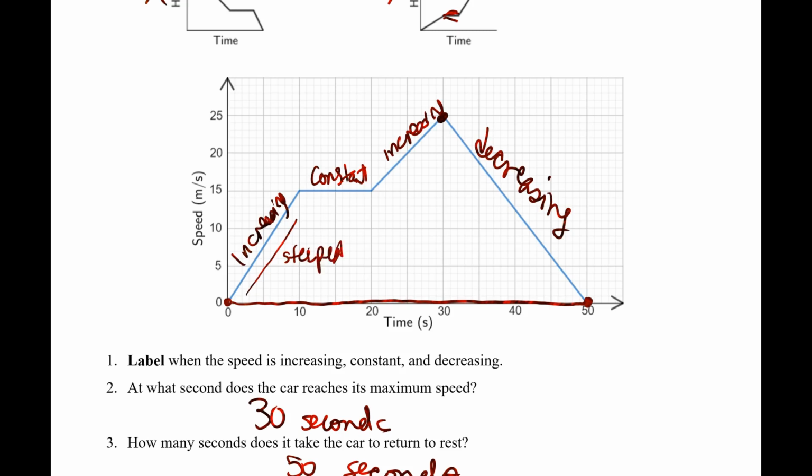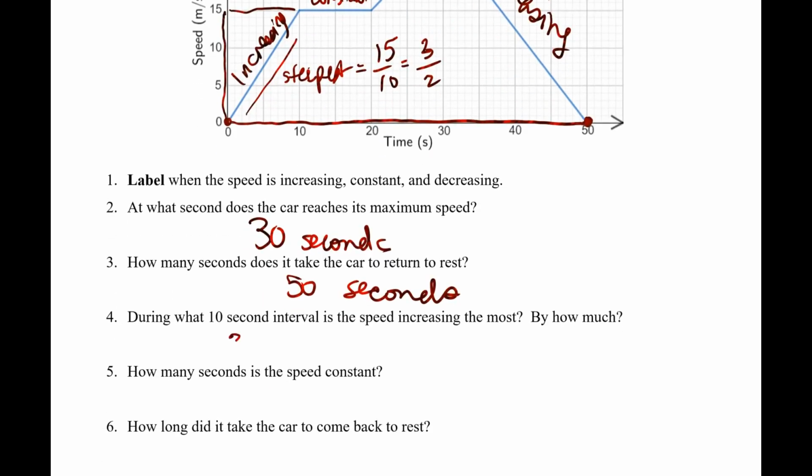So we find the slope. We go up 15 over 10, which is 3 halves, or we can say 1.5.